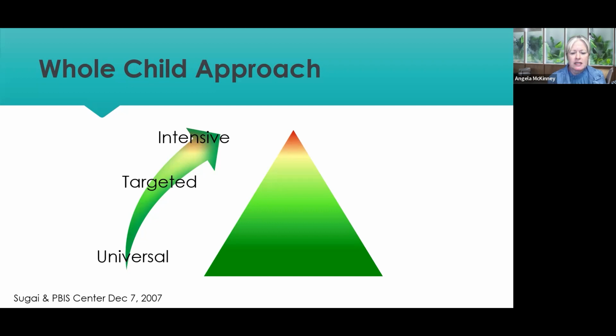But if we really take that whole child lens and we think, you know what, this is a student who is struggling in reading, yes, but they're also getting reading the first thing in the morning. They are frequently absent or late to school, so they're missing that instruction a lot of the time. Mom and dad are in the midst of a divorce and are fighting at night, keeping this student up.